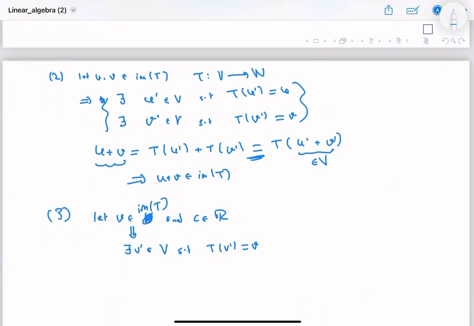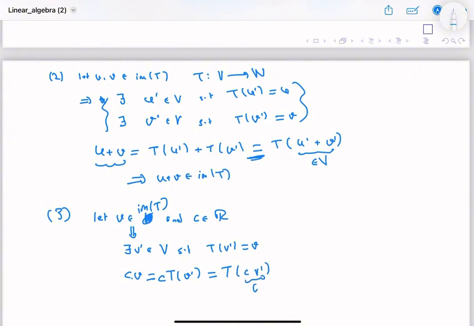Now let us look at cv. We want to show that c dot v is in the image. Thus, we want to show that there is a vector in V which gets mapped to cv by T. But cv is equal to c dot T of v prime. And since T is linear, we can get the constant inside, and this is going to be T of cv prime.